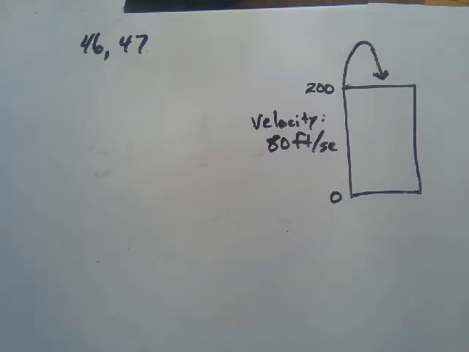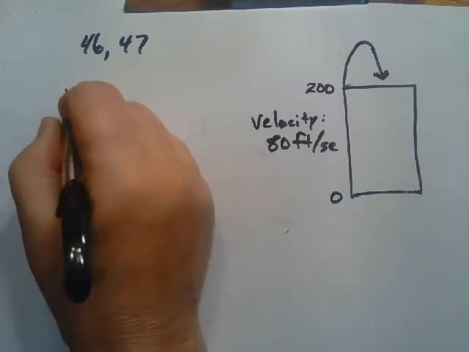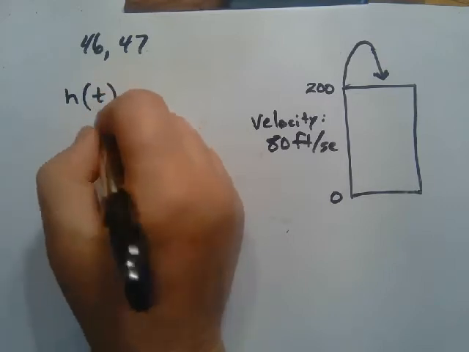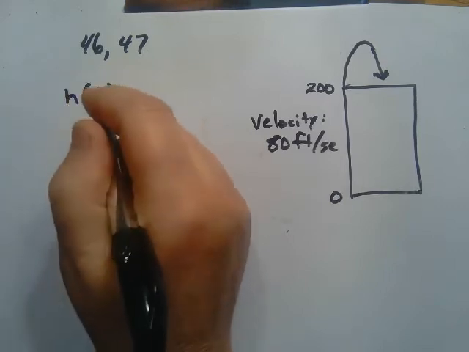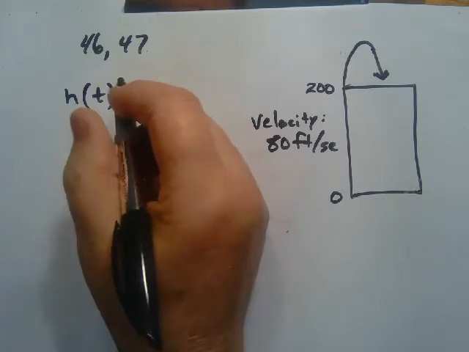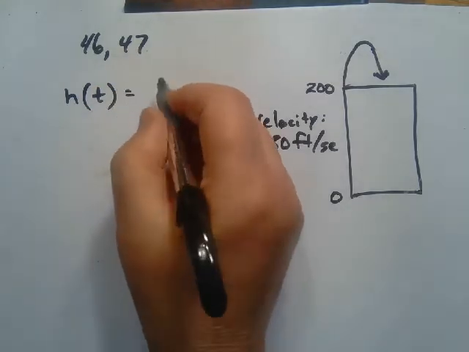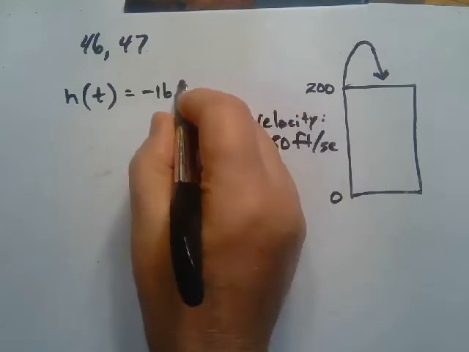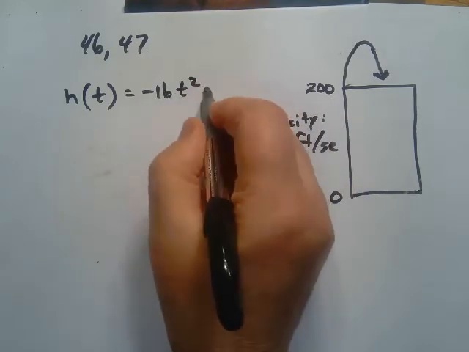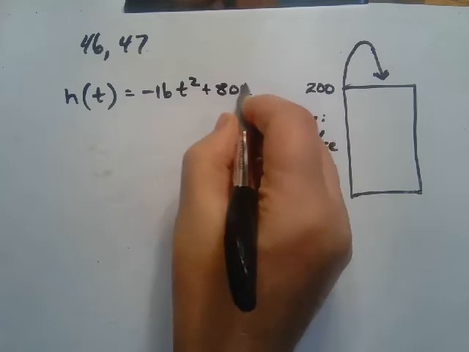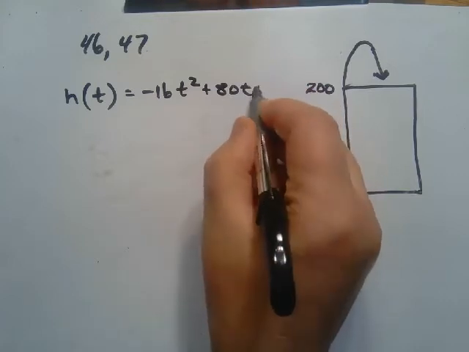Then it says in the problem, the height h relative to time of the object t seconds after it's fired is given by this formula, -16t squared plus 80t plus 200.